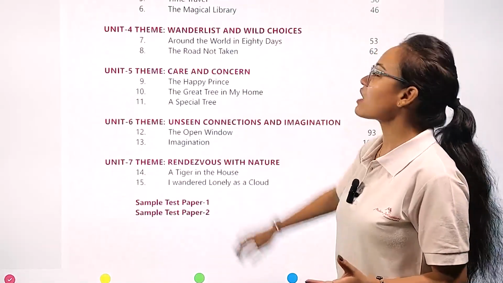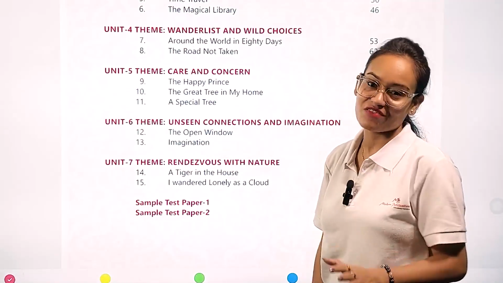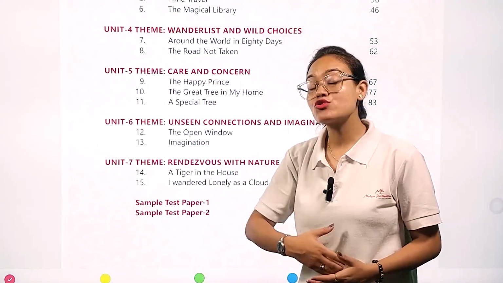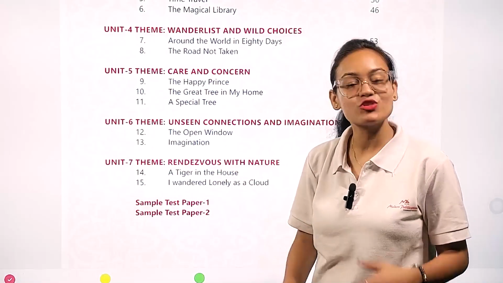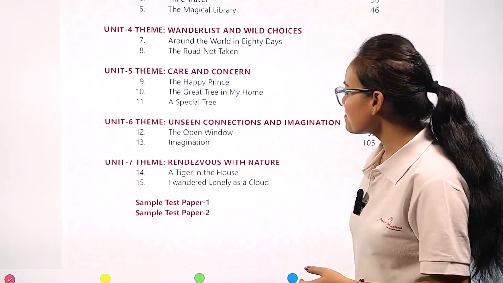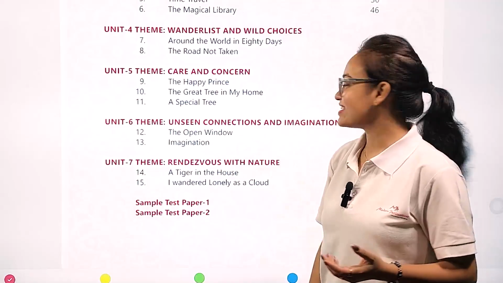After that, unit number 5 is based on the theme care and concern. In what way you are going to show your care, or your concern towards your family, towards your friends, etc. Unit number 6, on what theme is it based?